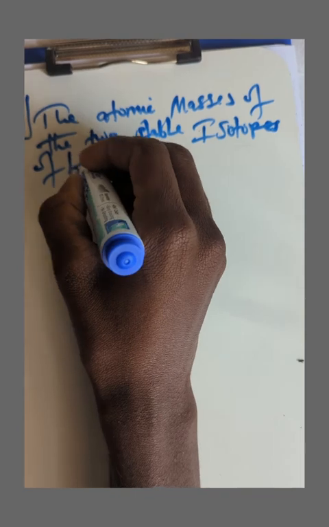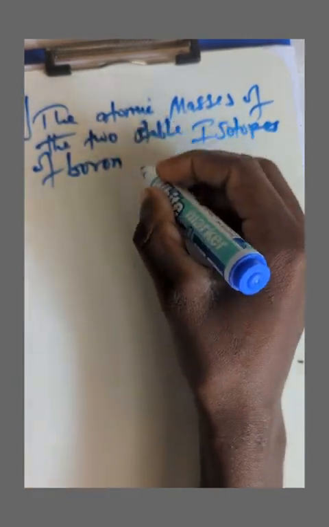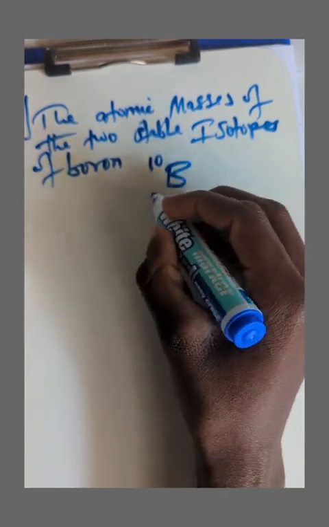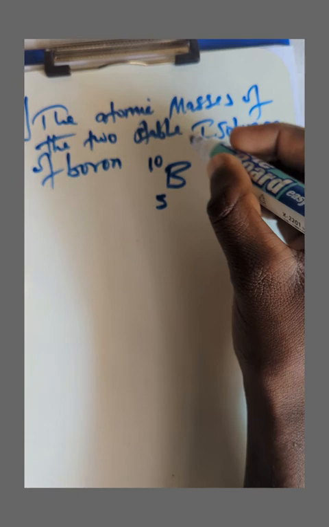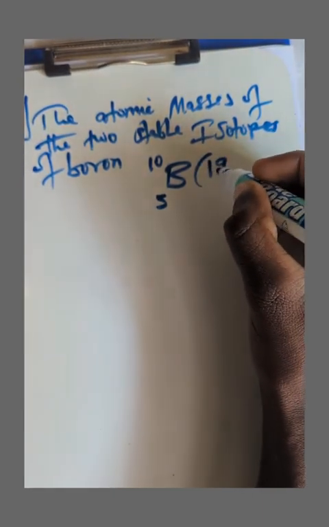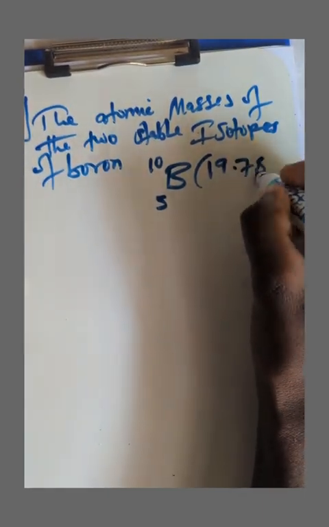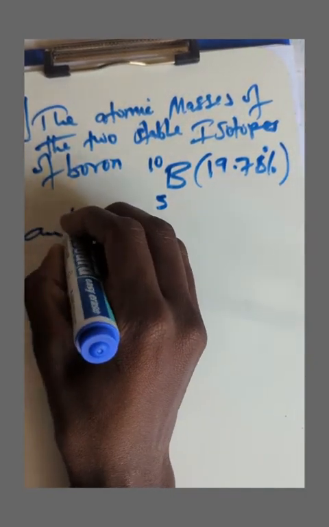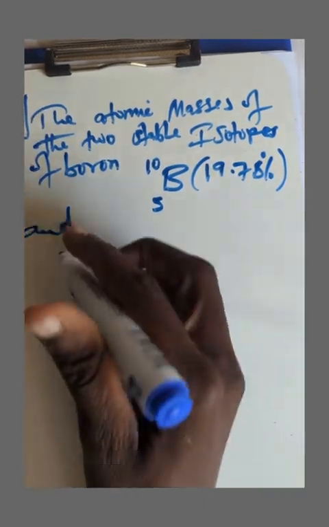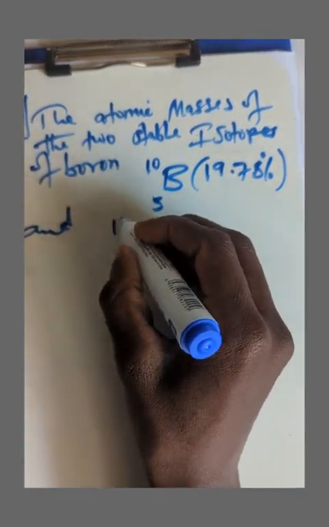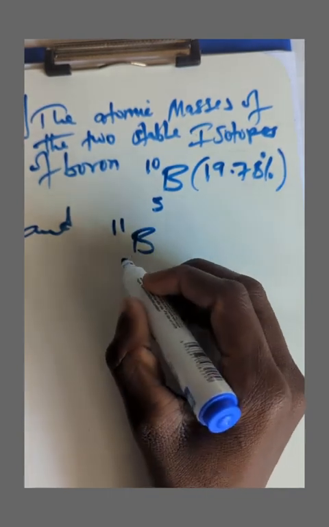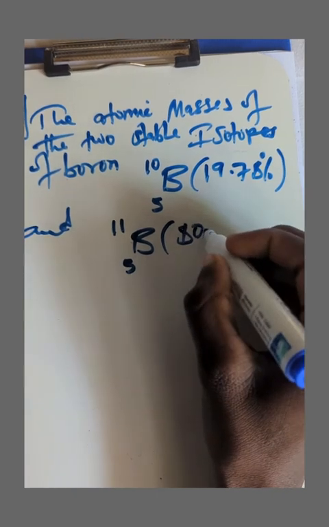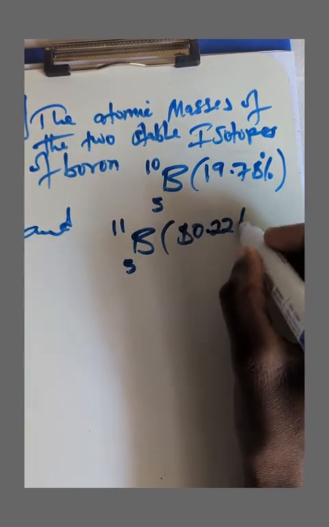of boron. So we have boron 10, with 5 here. I hope you know the periodic table. Then you have 19.78% as the percent abundance. And you have boron 11 and 5 here, with 80.22% as the percent abundance.